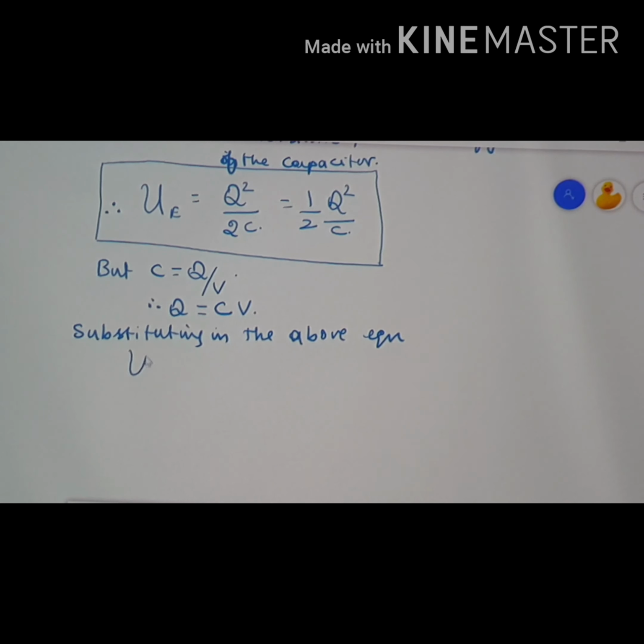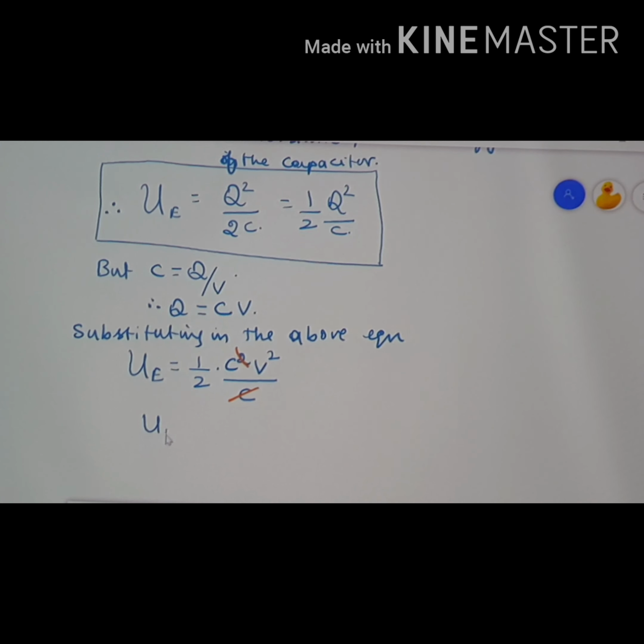we can state the potential energy is equal to half into, instead of Q square, I can write C square V square divided by C. So one of the C can get cancelled, isn't it? The C and one of the C will get cancelled.